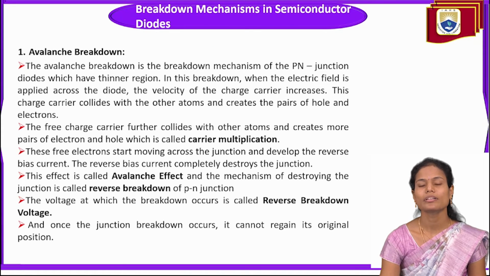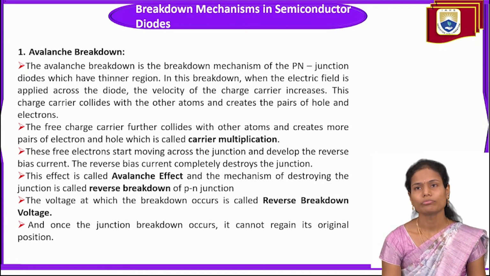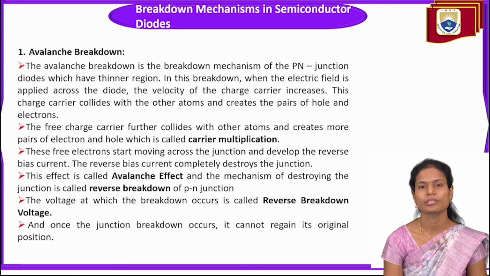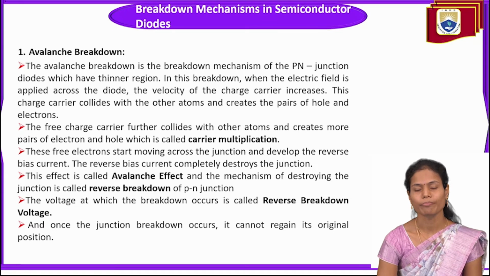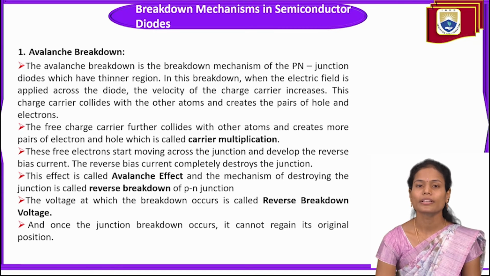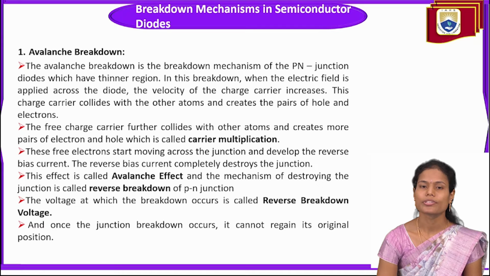Till now we have seen the different resistance values of the diode, and now we will see the different breakdown mechanisms which we can expect in the case of a semiconductor diode. When we apply the reverse voltage to the PN junction diode, we get the depletion region.